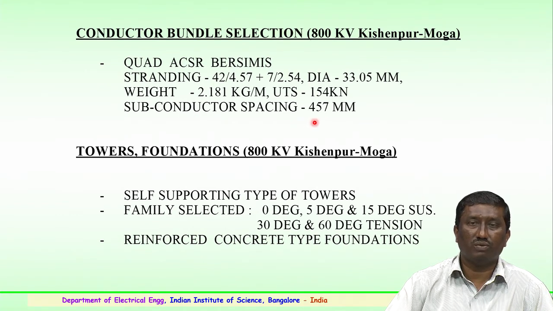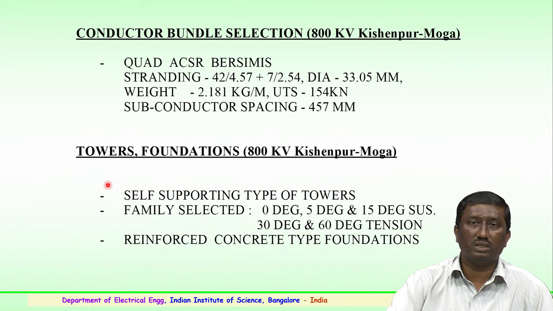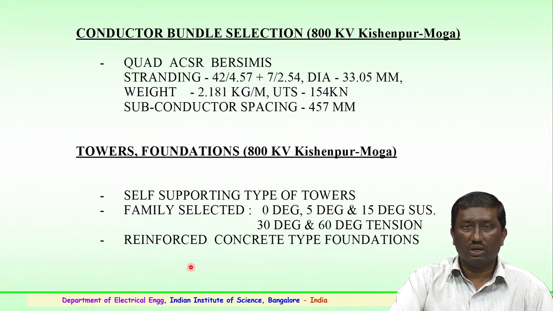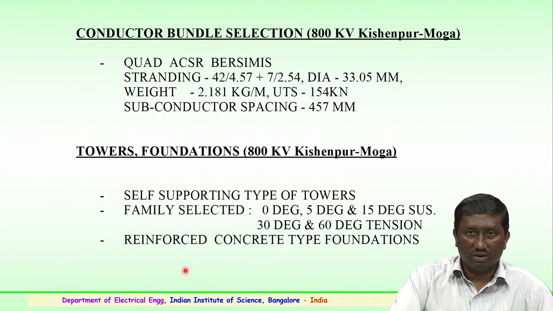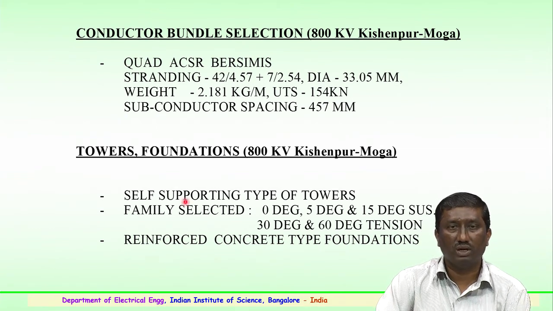This is 45.7 centimeter, with each of the 4 conductors spaced in a corner of a square, with a spacer. So, this spacing was 457 mm.